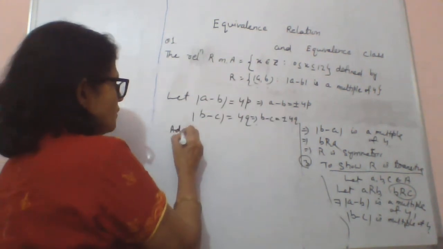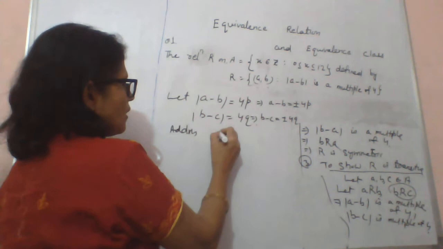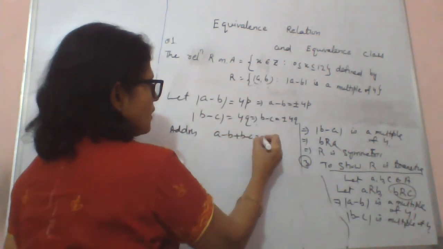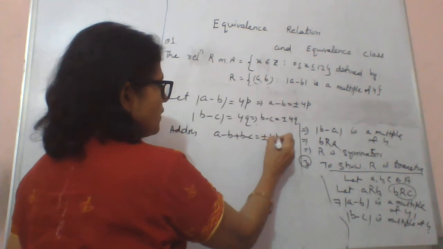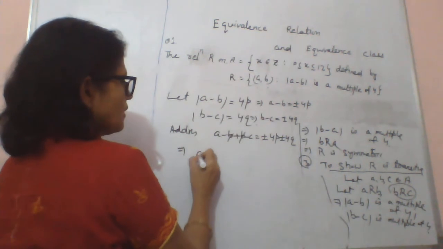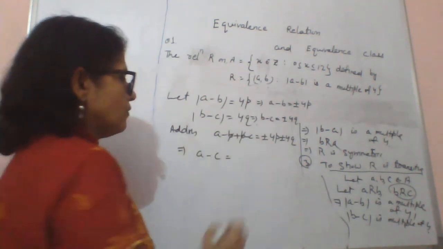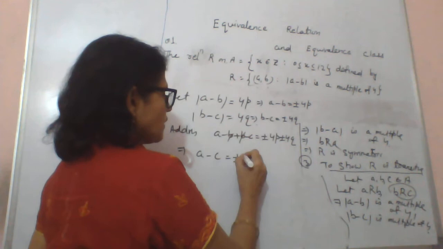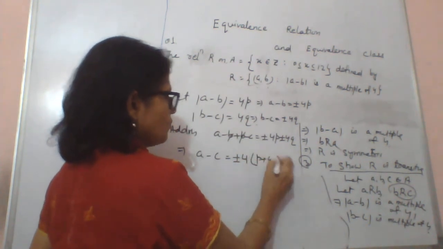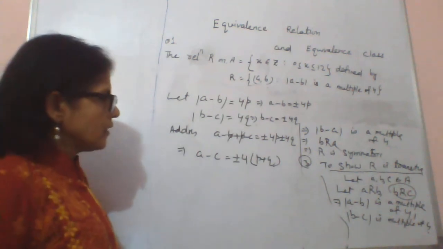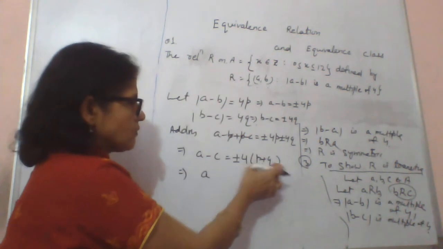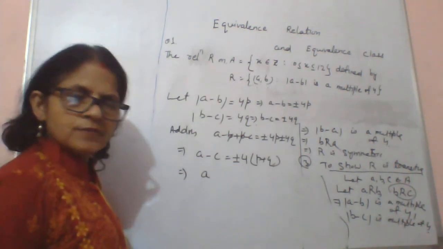Adding these two, a minus b plus b minus c, you get plus minus 4p plus minus 4q. So you are getting a minus c equal to, if you write it like this, plus minus 4 into (p plus q).